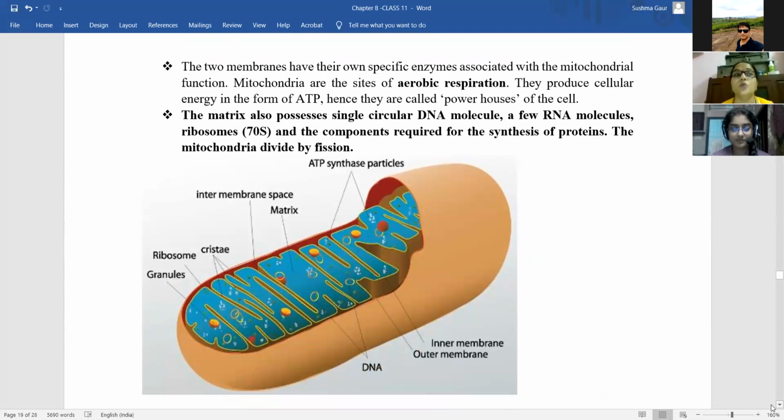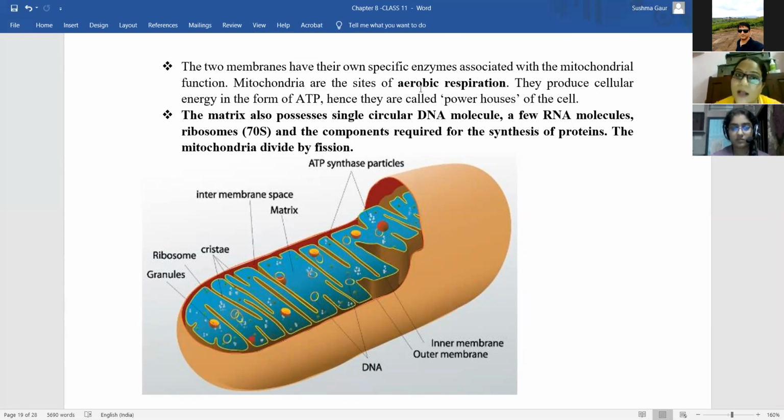The two membranes present in the mitochondria have their own specific enzymes that are associated with the function of mitochondria. So mitochondria are the sites of aerobic respiration. A question can be asked: why is the mitochondria a double membrane structure?